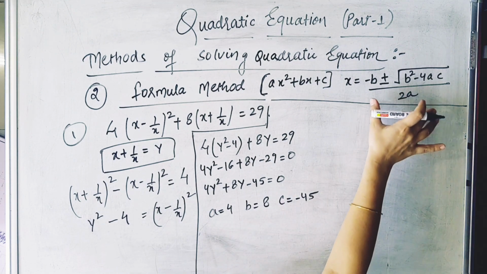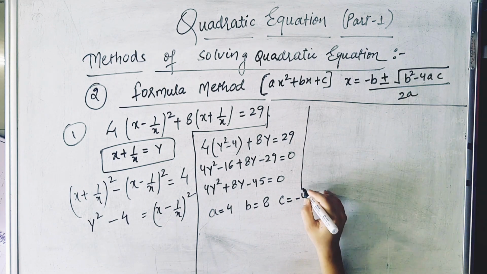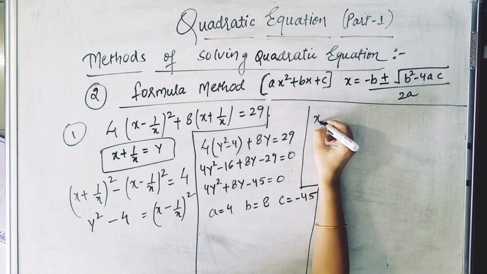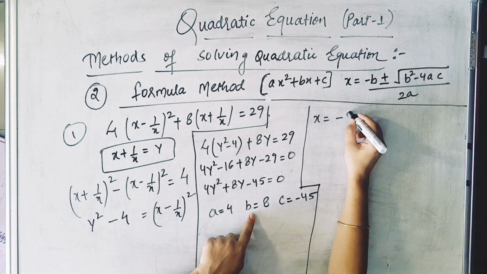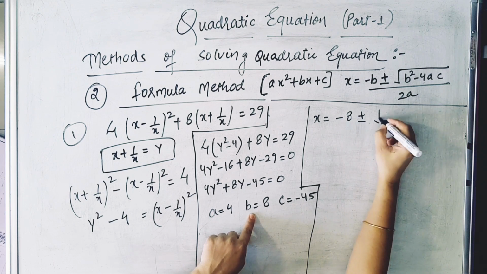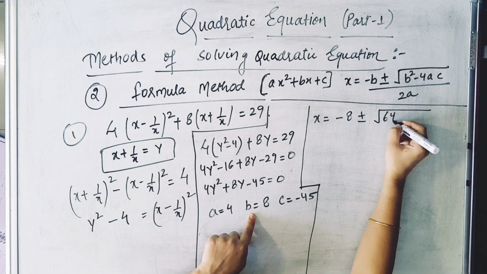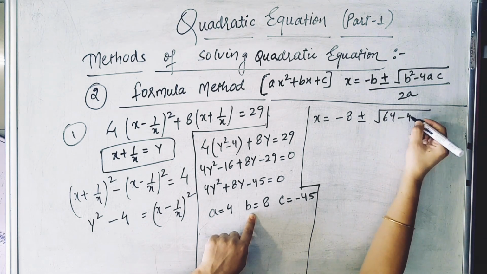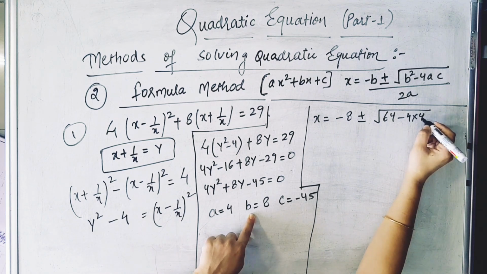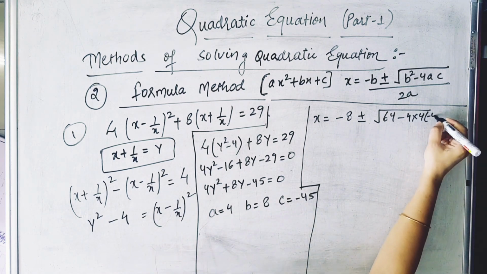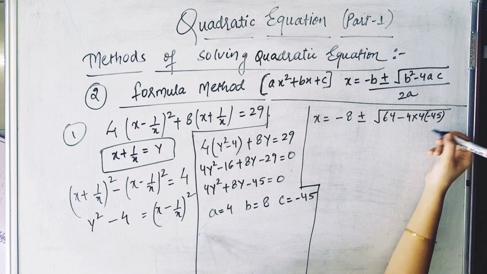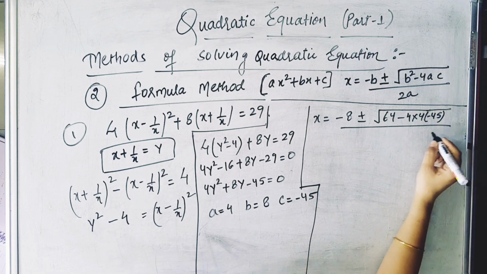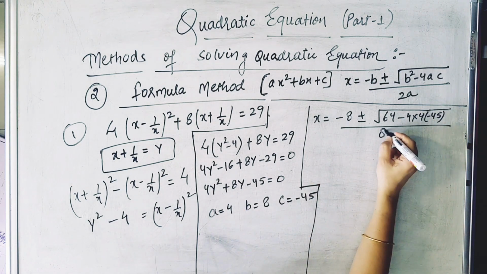Putting these values in this formula, now what we'll get? x is equal to minus b, that means minus 8, plus minus root of 8 square 64, minus 4ac. A is what? 4 and c is what? Minus 45, upon 2a, that is 2 into 4, 8.